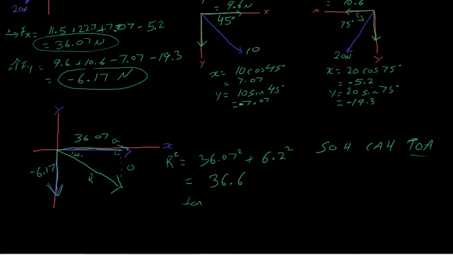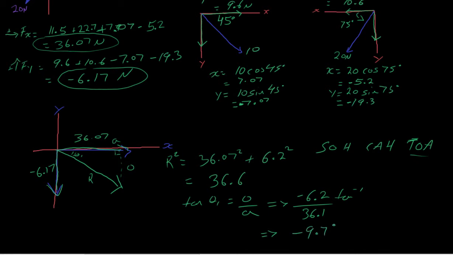So therefore, tan theta equals opposite over adjacent, and for the opposite you can put negative 6.2 or you can put 6.2, but we're going to put negative 6.2, over 36.1, and theta equals tan inverse of that, which equals negative 9.7 degrees.